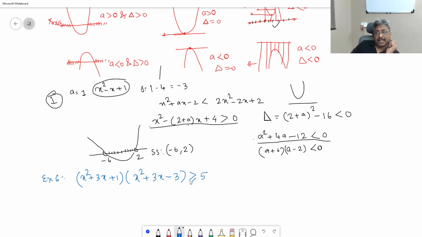Find all values of x such that this inequality is satisfied.